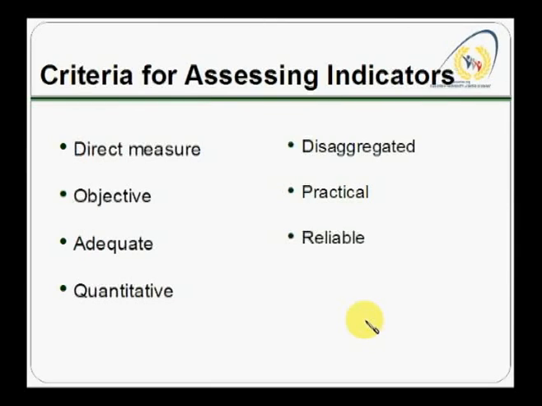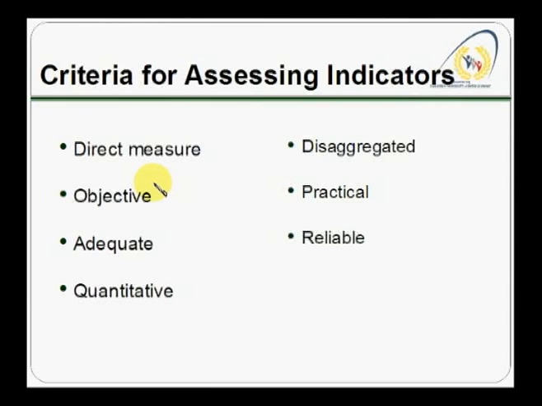So how do you assess indicators? In selecting indicators, you can use these criteria. First, an indicator should be directly measuring an observation. For example, if you use an indicator like the number of people going to your CEC, it directly measures because you can count the number of people actually coming in.